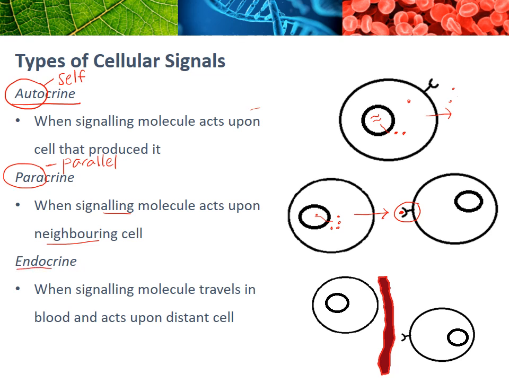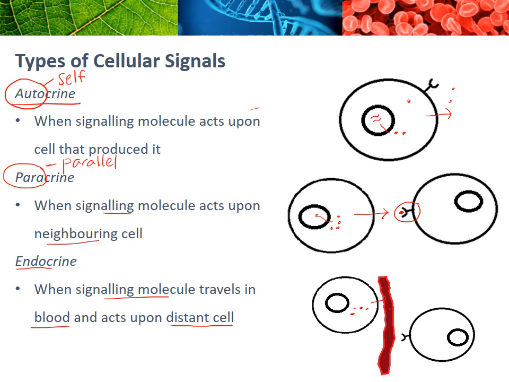Our third type, and you may recognize this word, is an endocrine signal. And you may remember this from the endocrine system, and that is very related to this. An endocrine signal is when a signaling molecule is made in one cell. It travels in the blood, usually in the blood, sometimes in other fluid, and it acts upon a target cell that is far away from where that cell is, or not right next to it.